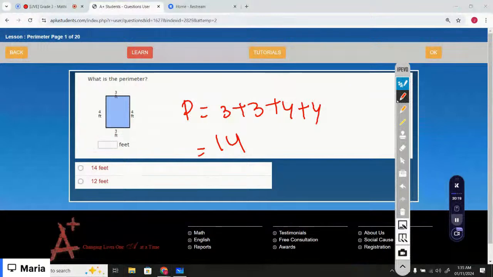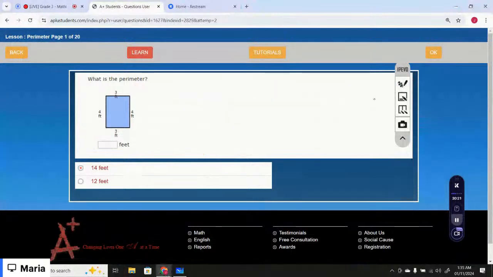The correct option is 14 feet. Option number 1 is the correct option.